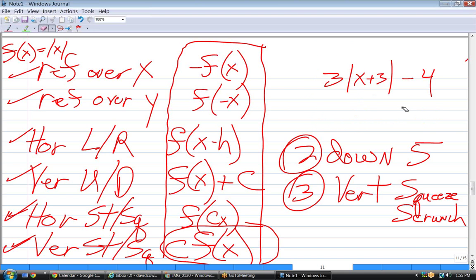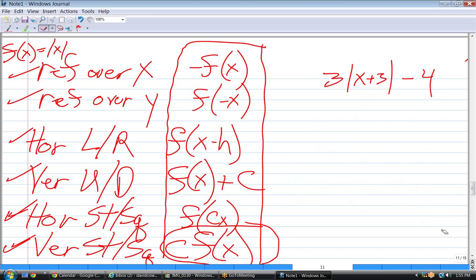Before we figure out what's being done to this function in the way of transformations, what's the elementary function? What is f of x equal to? Not 3x. The elementary function is the absolute value of x. And you have to know that to know what's being done to it. Because if the elementary function was 3x, it changes everything.